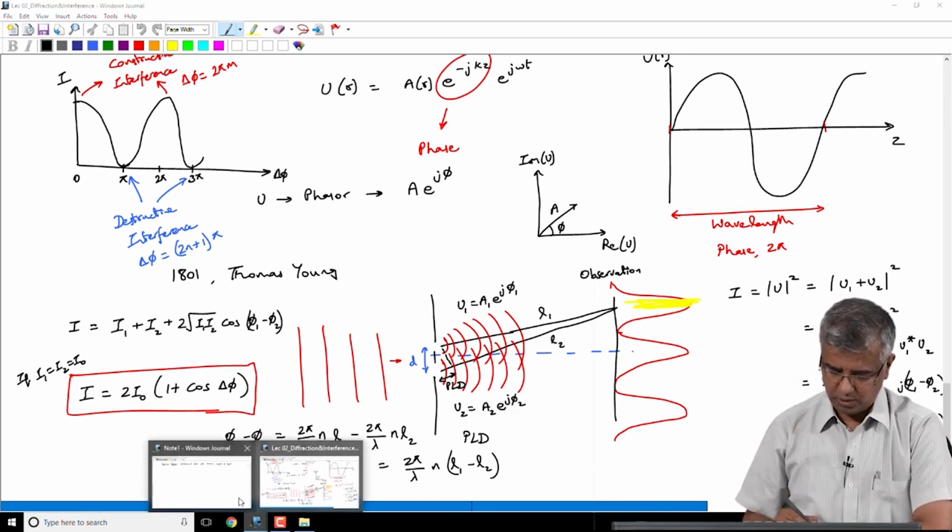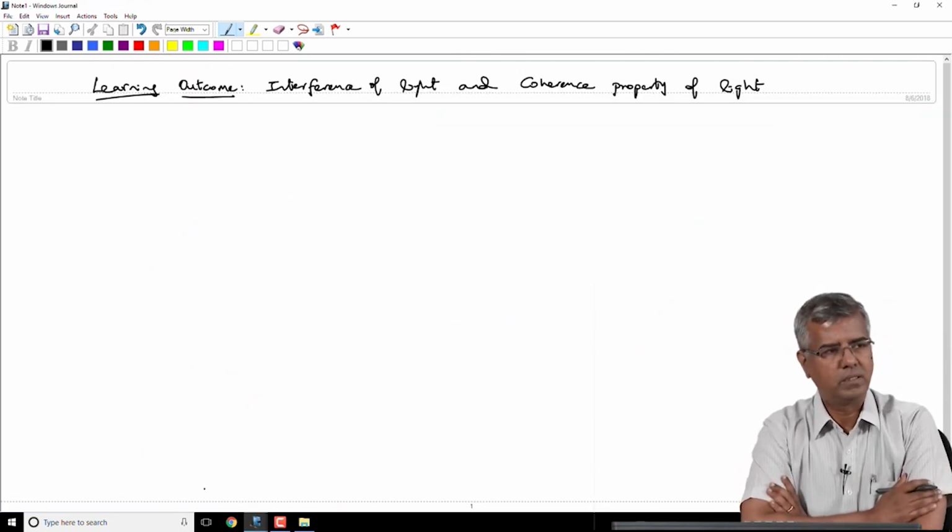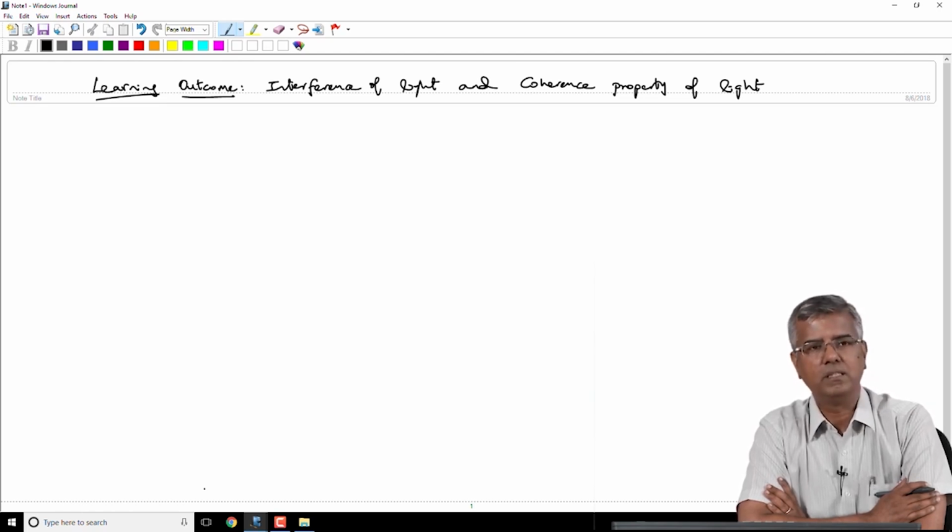Right. So what we are going to go towards this week is to understand interference in a deeper sense. First of all, we're going to extend our discussion from a double slit to multiple slits and see what is the effect of that. We will of course look at a practical example of multiple slit interference, and then extend whatever we have learned there to multiple configurations.